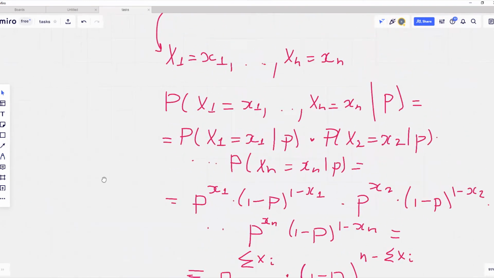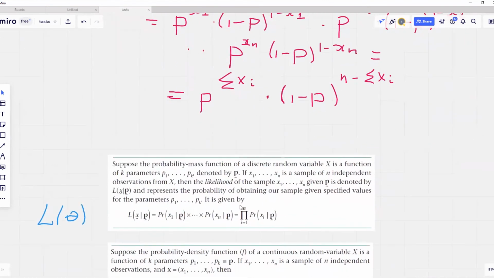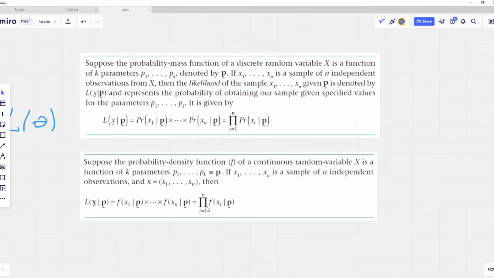In our case, we had a discrete random variable. If you are working with a continuous random variable, your likelihood function will not change much. Instead of a product of conditional PMFs, you will have a product of conditional PDFs. So this is again from the properties of joint densities.